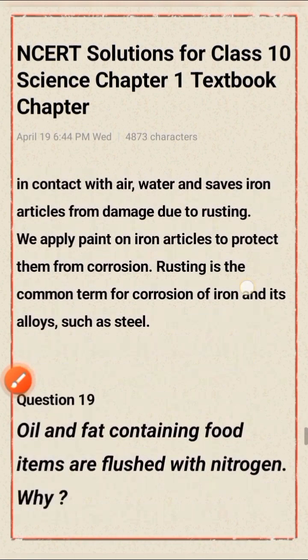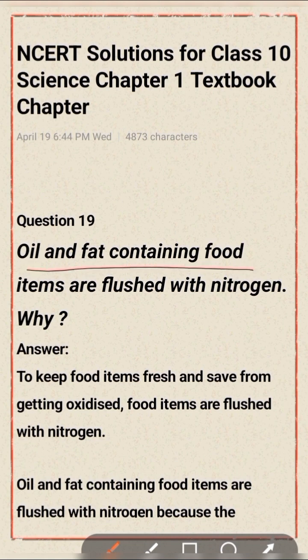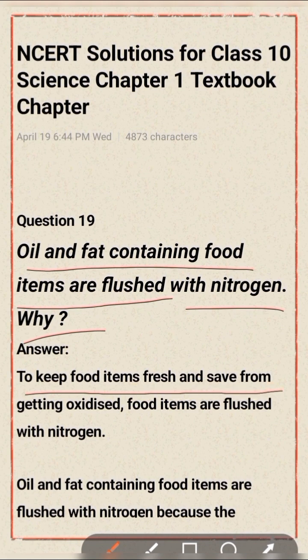Okay. Next question, question number 19. Oil and fat containing food items are flushed with nitrogen. Why? To keep food items fresh and safe from getting oxidized, food items are flushed with nitrogen.